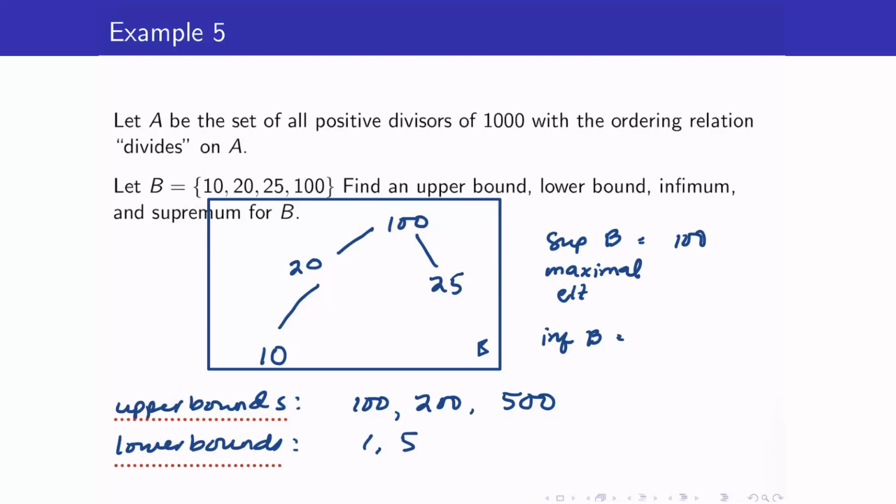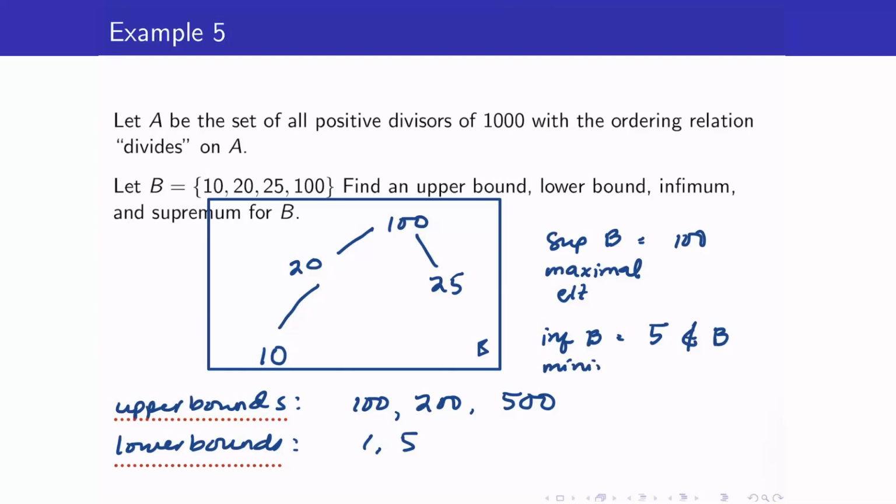Infimum of B. Since our only lower bounds are 1 and 5, then our greatest lower bound would be 5. And notice that this infimum is not inside your set B. But still, B has an infimum. What about minimum element?